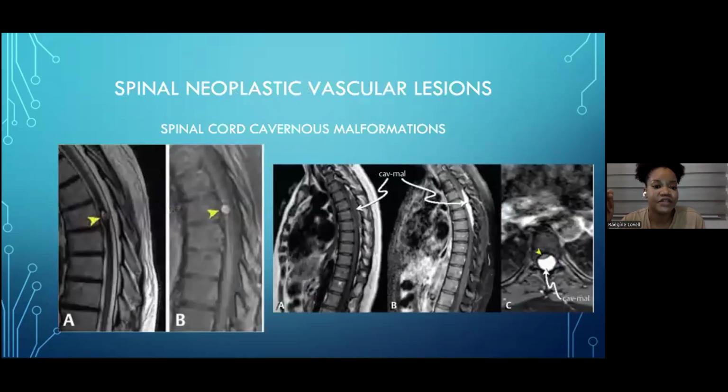So a bit on spinal neoplastic vascular lesions, and we will have a lecture on spinal tumors later on, but as it relates to the vasculature, I'm touching on it. So spinal cord cavernous malformations, we'll do those first, and they may be intramedullary, and that is shown in the MRI on the left of the screen, or they can be epidural, shown in the image on the right.